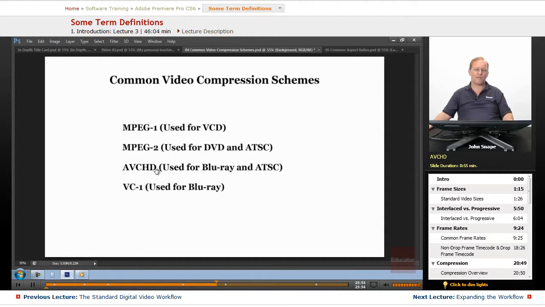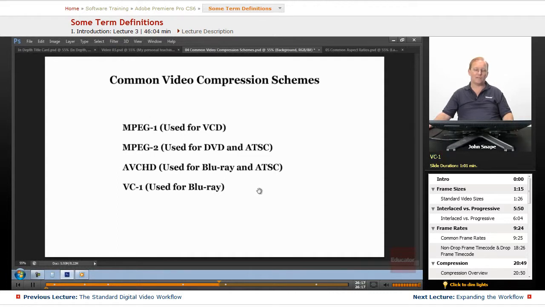Most of the time it'll use AVCHD, which you can then bring into Premiere directly off of the card and edit it if you needed to. We don't recommend that, but you can if you want to. It's just another compression scheme that's much better than MPEG-1 or MPEG-2.